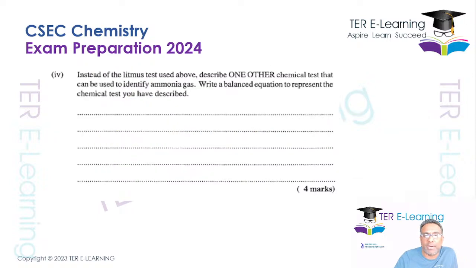Next, part 4. Instead of litmus test, describe one other test. So they want us to identify how to test for ammonia gas, and write a balanced equation.